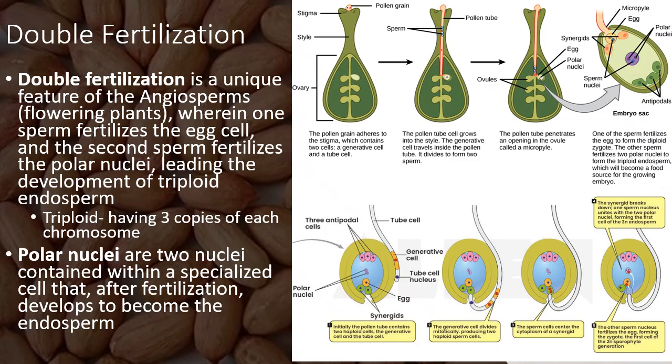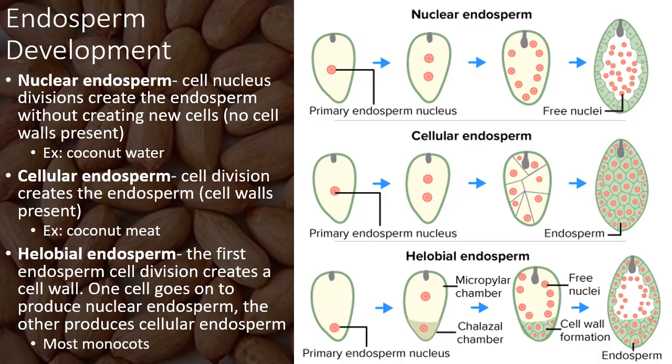So just to review, the polar nuclei are two nuclei contained within the central cell of the embryo sac. After fertilization, they develop to become the endosperm or stored food. Endosperm can develop in a couple different ways. I hope we're all familiar with cell division, mitosis.